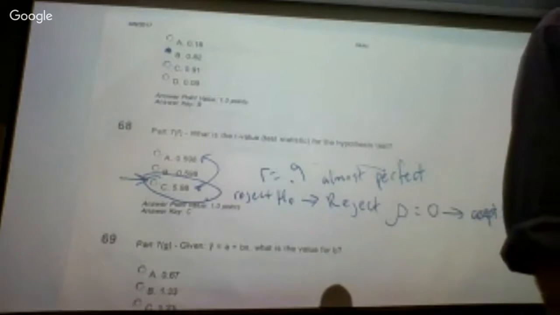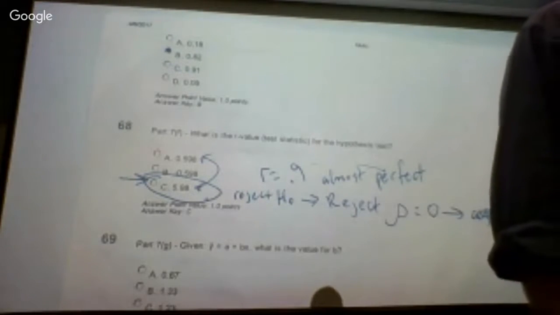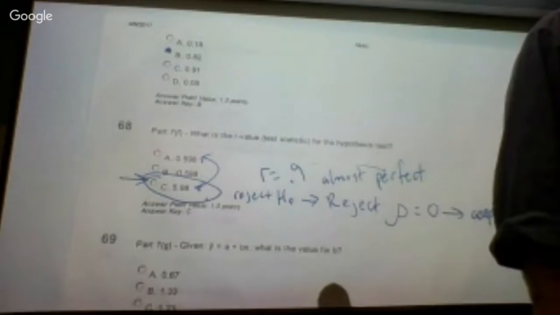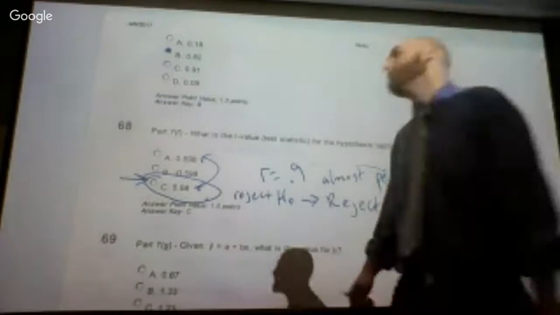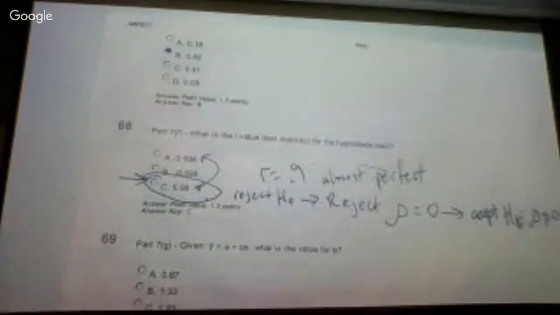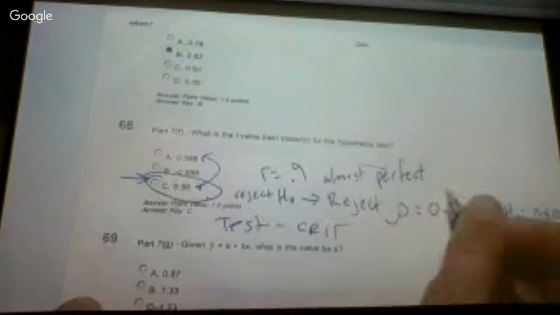Haley, what do you think? It's two answers. Pick one. Pick the first one. Yeah. 5.98 is a large test statistic. It's a real large test statistic because you're always comparing your test statistic to your critical value. Critical values come from the table.